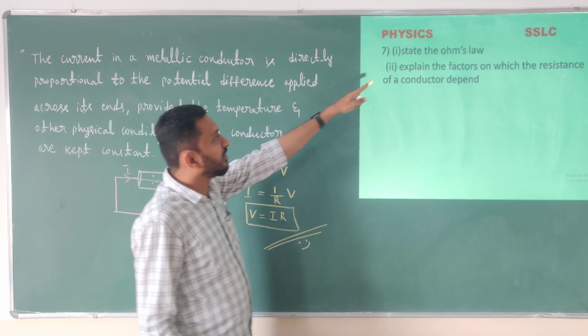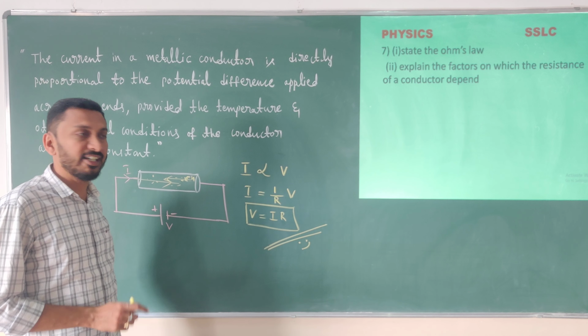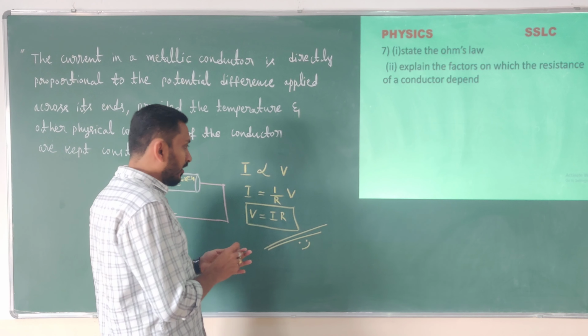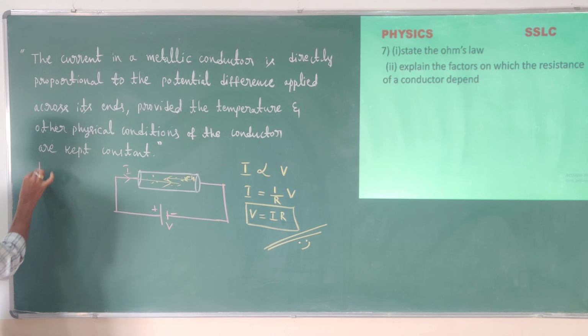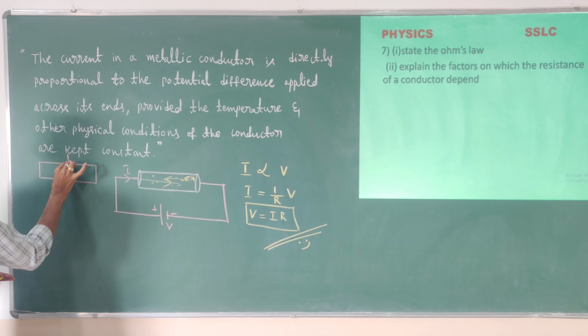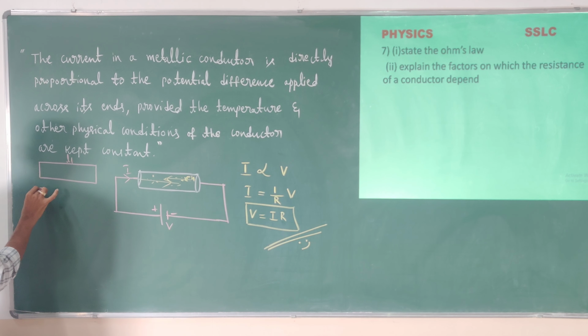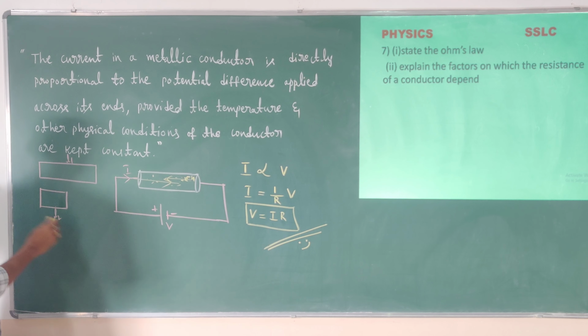The second question is the factors on which the resistance of a conductor depends. Take a conductor of length L1, and another conductor of the same area but length L2.